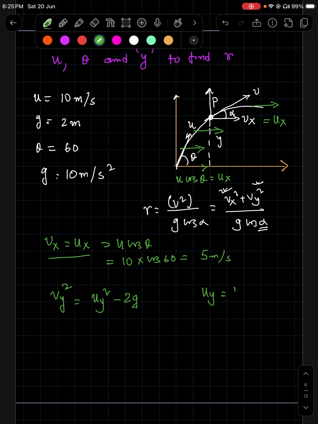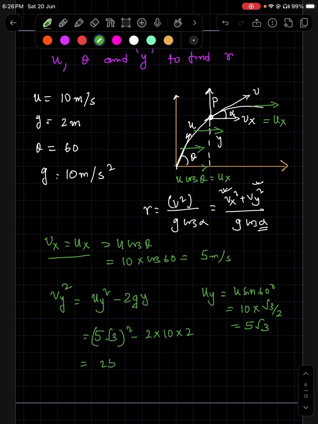Uy is u sine 60 degrees. So u is 10, sine 60 is root 3 by 2, so that is 5 root 3. So that is 5 root 3 whole square minus 2Gy: 2, 10, and 2, because y is taken as 2 meters.